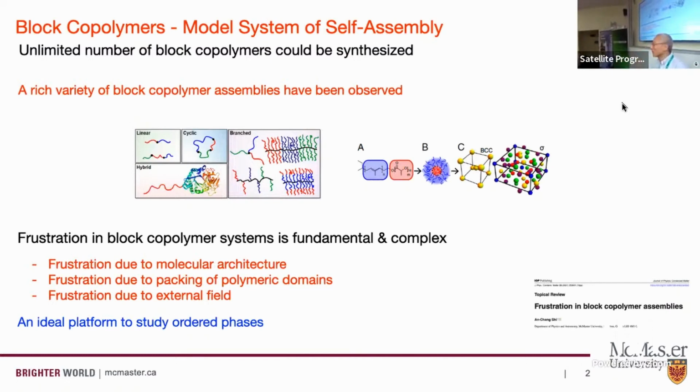So they need to make certain compromises to find the optimal position. The frustrations can be at the molecular level, and also at the packing level of the domains, and can also be imposed by external fields. For example, if you put block copolymers into small compartments, that will introduce extra frustration.